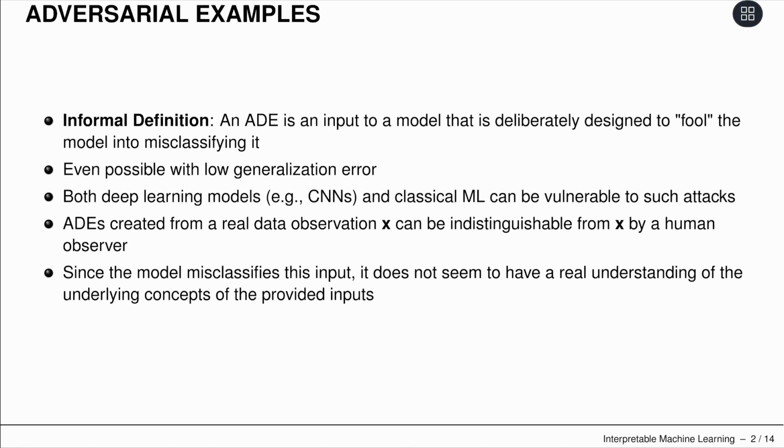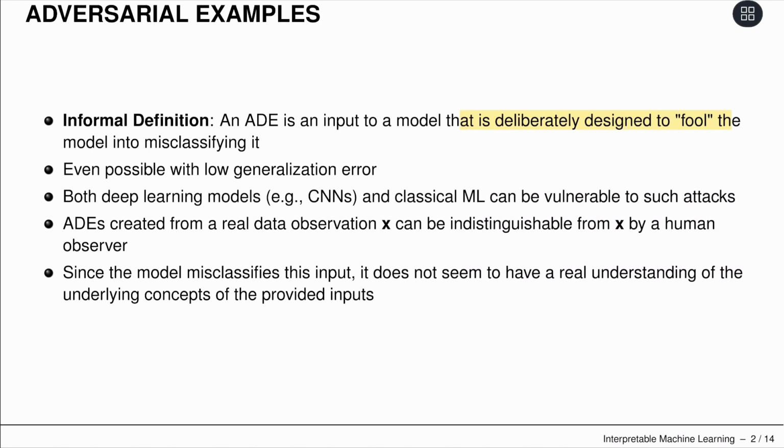So let's start with an informal definition for an ADE. An ADE is an input to a model that is deliberately designed to fool the model into misclassifying it, right? So it's not like it happens somehow, but it was really designed to. That's very important, that we emphasize that part.